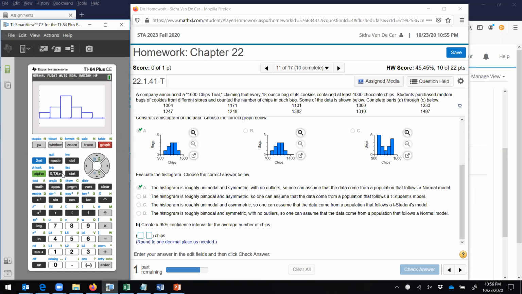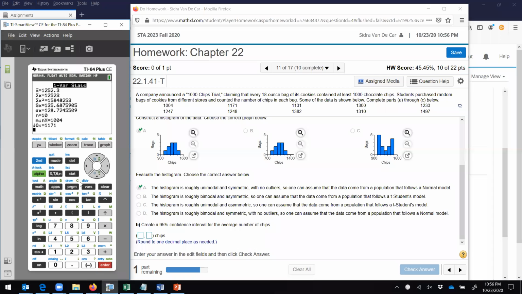All right, now 95% confidence interval, stat, tests, 8. Input the data, list 1, we wanted 95, we're good.